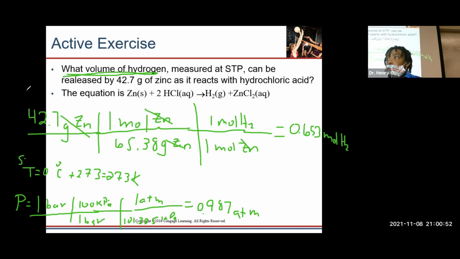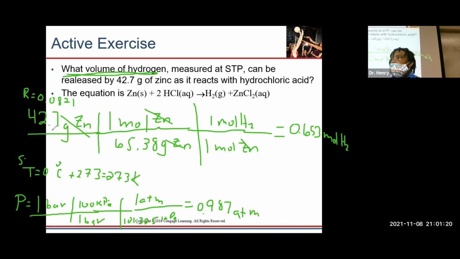What equation am I going to use? I have temperature, I have pressure, and I have number of moles.